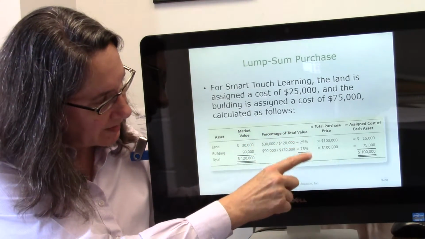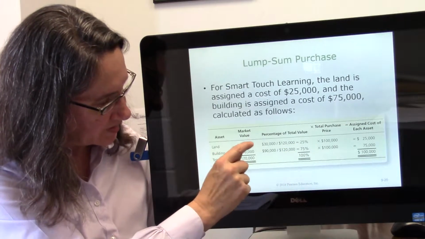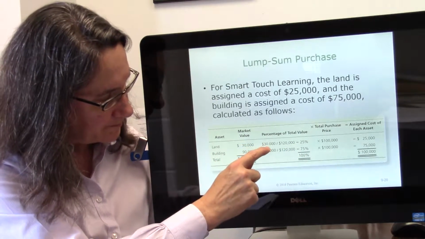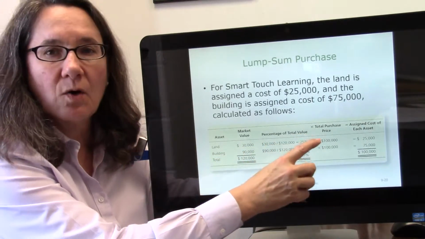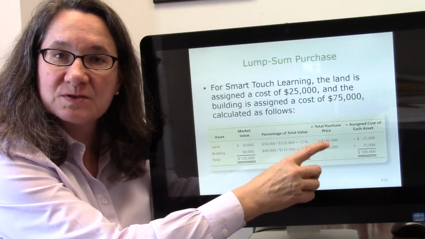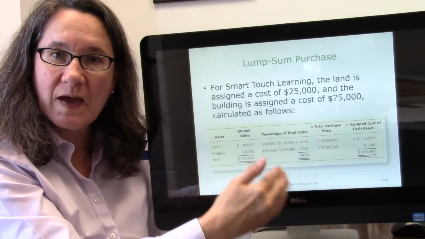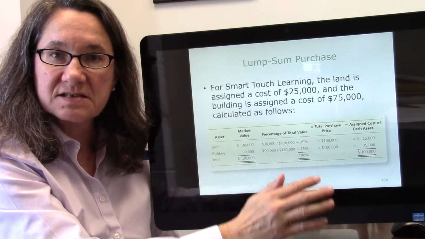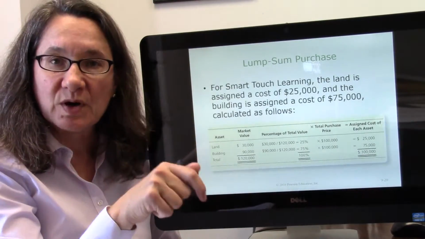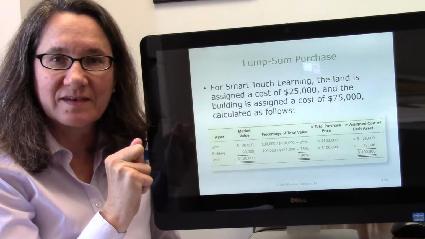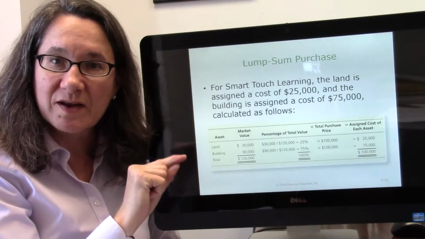Once I figured out my ratio, right, I said, well, here's the market value. The land is 25% of the market value, so I'll make land 25% of what I paid. So if you paid $100,000, the land goes on the books, right? It's worth 30. We've already said that's the market value. But we didn't pay that.